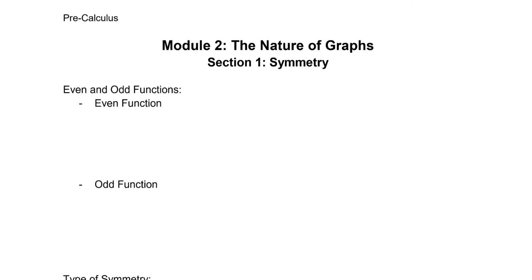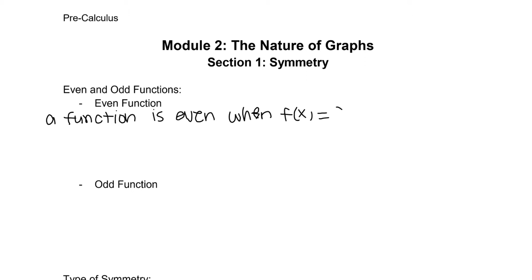And these are going to be different than even and odd degree functions. They are different definitions. So for an even function, we have a function is even when f of x equals f of negative x.